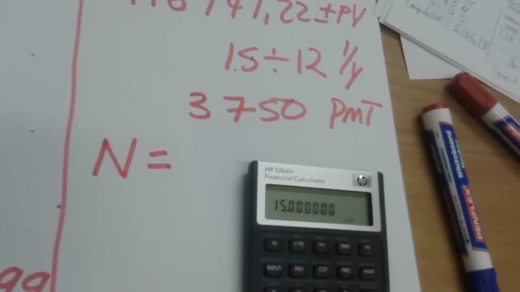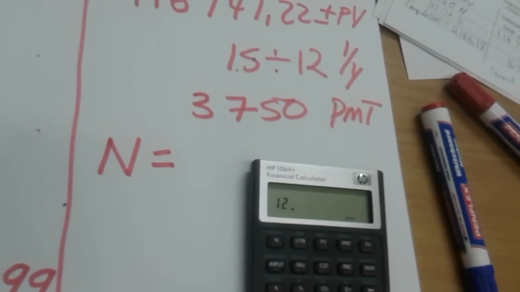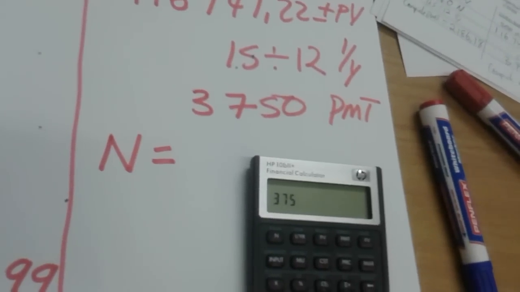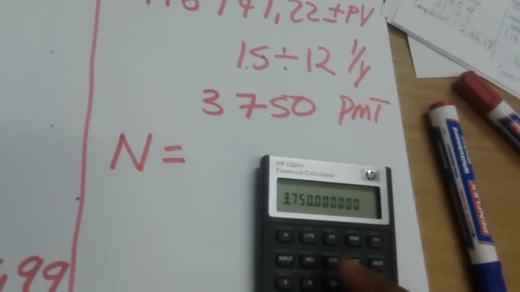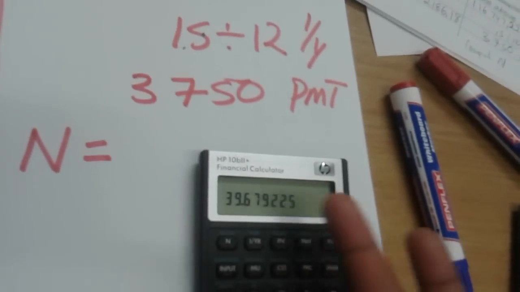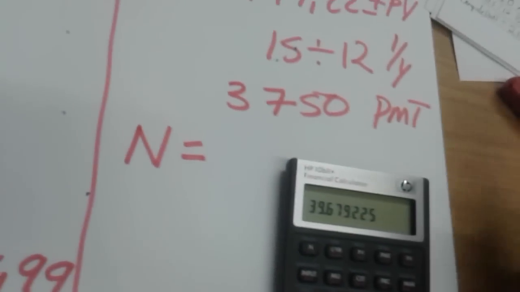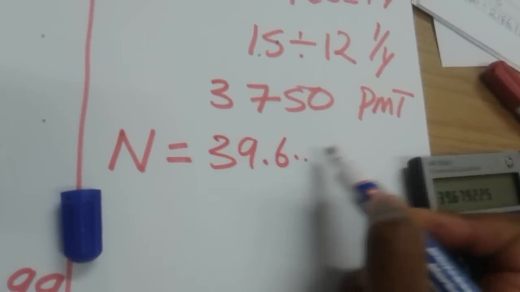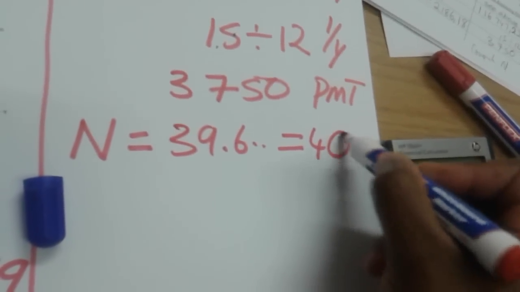Then 15 divided by 12, that is your I. Then 3,750, that's your PMT. Then we compute your N, which is the same answer that we got before, right? Okay, now, so your N is 39.6 something, which we said is equal to 40.